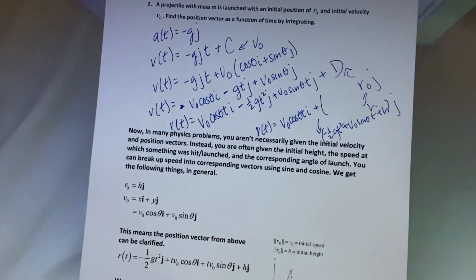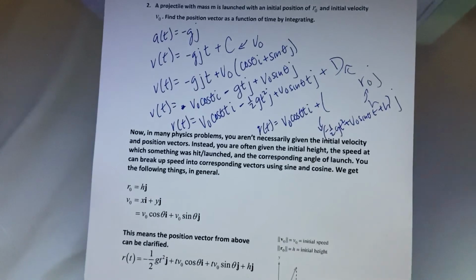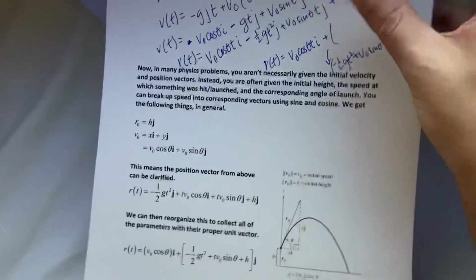Now, in many physics problems, you aren't necessarily given the initial velocity and position vectors. Instead, you're given the initial height, the speed at which something was hit, and the corresponding angle of the launch. By breaking up your speed into corresponding vectors using sine and cosine, we can get the following generally useful pieces of information.